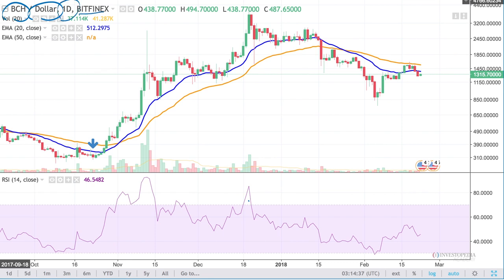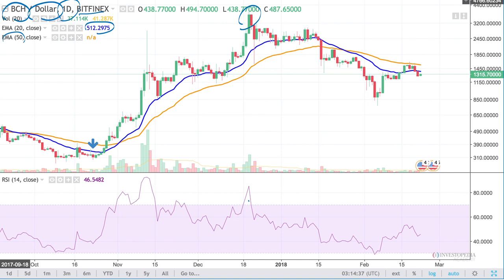Next, here's a chart of Bitcoin Cash versus the dollar, and this is charted on a 1-day time frame on the Bitfinex. Now, the exponential moving average, the 20 period, and the 50 period are labeled in green and blue. And now you'll see in this one is that you had a significant parabolic high in Bitcoin Cash.